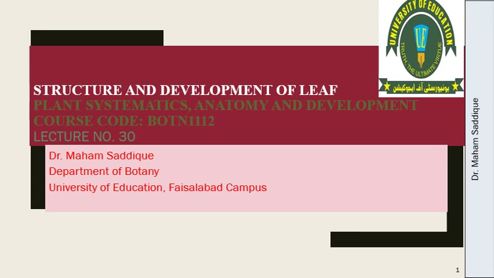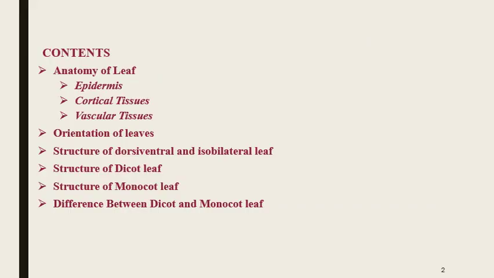Today, we will discuss structure and development of leaf. In this lecture, we will discuss anatomy of leaf, in which three types of tissue system discussed: epidermis, cortical tissues, vascular tissues.